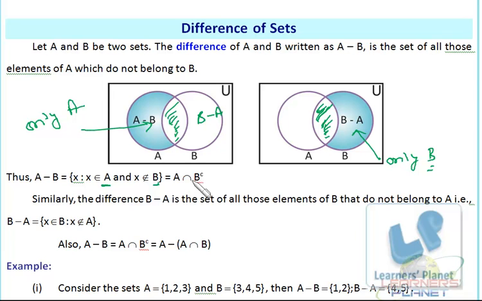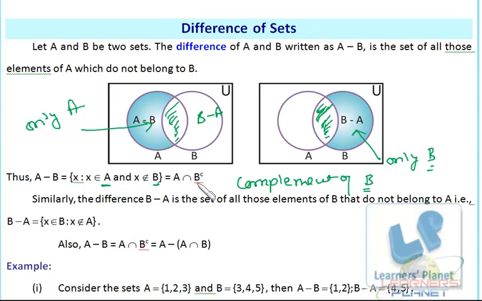Okay, and here you can see B raised to C is written over there. We call it the complement of B. Complement of B means, from the entire set, or you can say the universal set, all the elements which are not there in B. I'll elaborate with an example, don't worry about it.